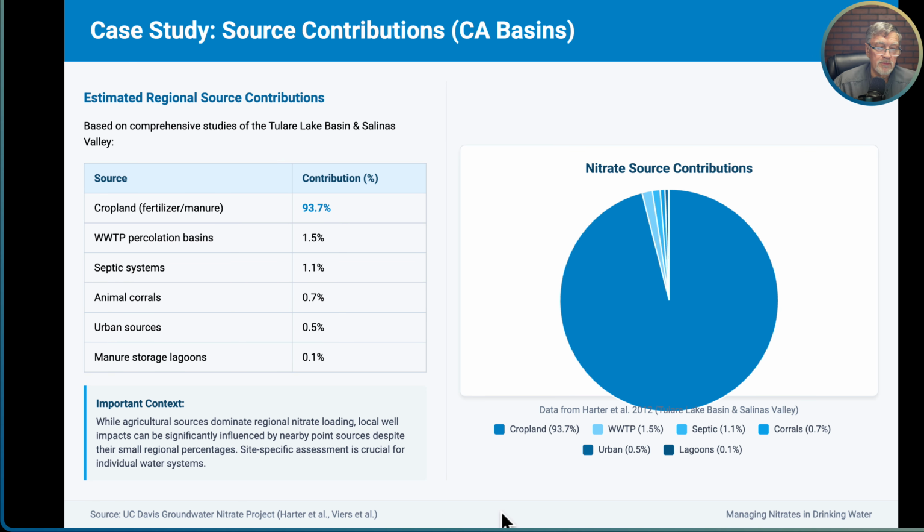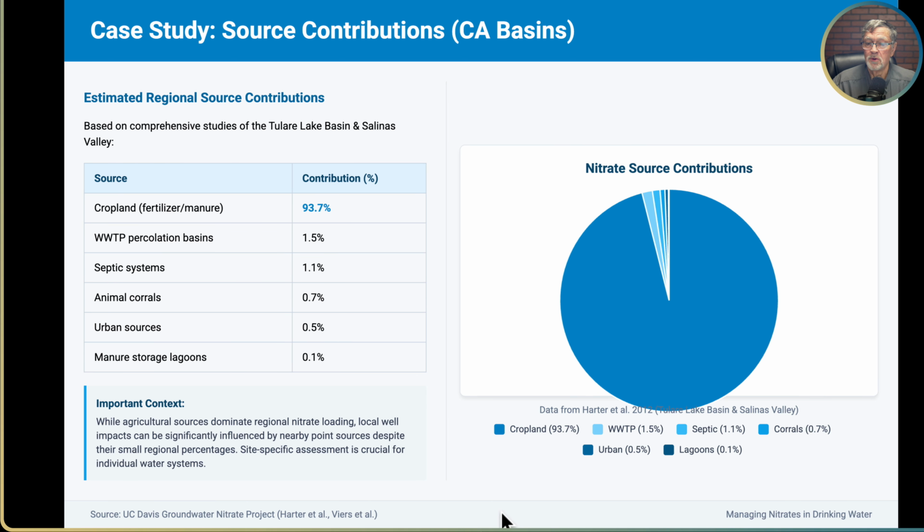So that's something we really need to address, or fertilizer application. The feedlots are farther down here. And everything else is relatively minor, less than 2%, all the way down to 0.1%. And you can see on our chart here that for the Salinas Valley and Tulare Lake Basin, which is in the Central Valley, it's 93.7%.